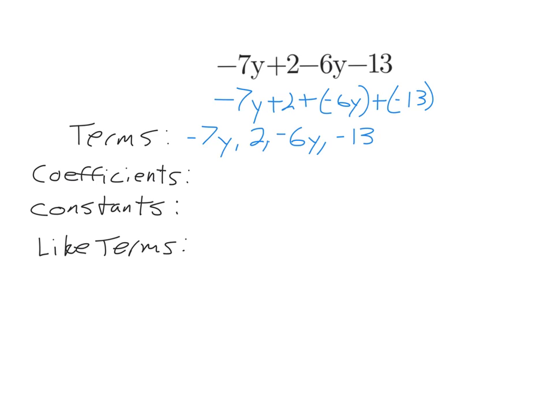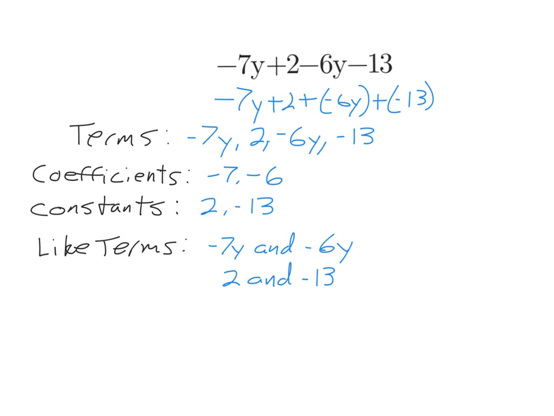My coefficients, I only have 2 of those because I only have 2 variable terms, negative 7 and negative 6, because those are both multiplied by a variable. My constants, my terms with no variables, 2 and negative 13, and my like terms, negative 7y and negative 6y are like terms, and 2 and negative 13. Remember, because those don't have a variable. Those constants are also like terms.